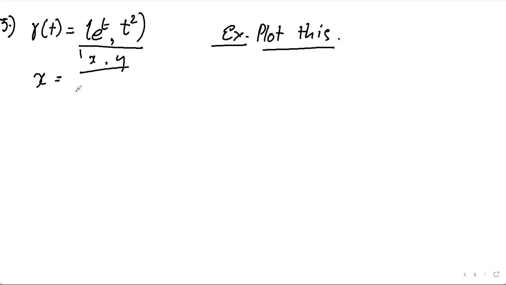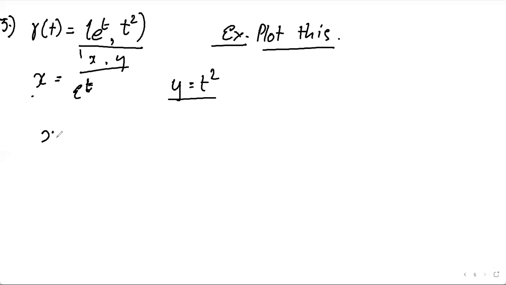We can write x as e to the power t and y is t square. Okay, so we need to express one variable, that is either x or y, in terms of the other.